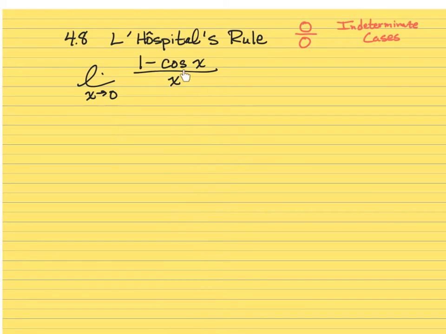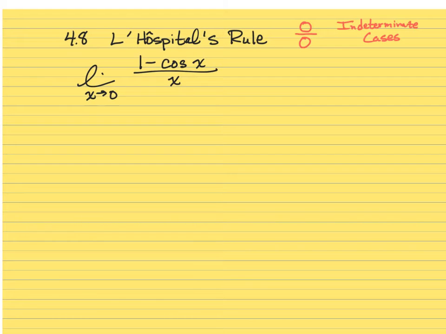There's not a lot that we can do here that helps us with those kinds of things, mostly because none of those things will help us eliminate this x on the bottom. So this is where L'Hopital's rule comes in. Because it's a 0 over 0 case, this is how it works.